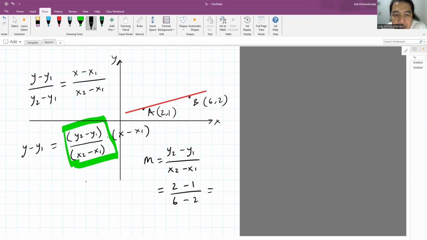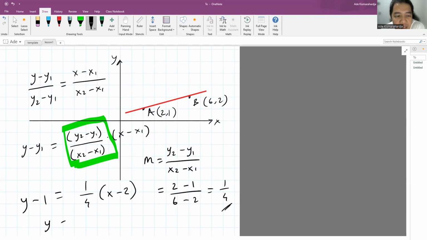So in this case, we get the slope of that line, 1/4. And after you get the slope, you can insert one of the coordinates, for example A. The x value of that is 2, and then you put the y value of A here.